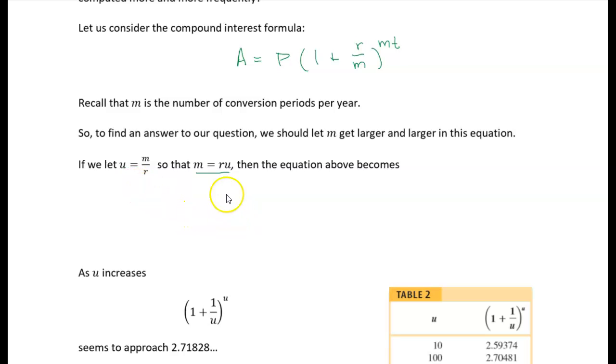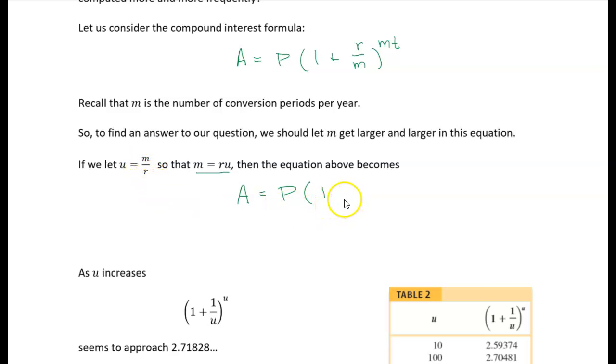I know it seems kind of weird, and why would you think to do that? Mathematicians are very creative people, so we're going to do this little substitution. Wherever I see r and m, I want to rewrite it in terms of u. In my formula, I have r over m, but I've defined u to be m over r, the reciprocal.